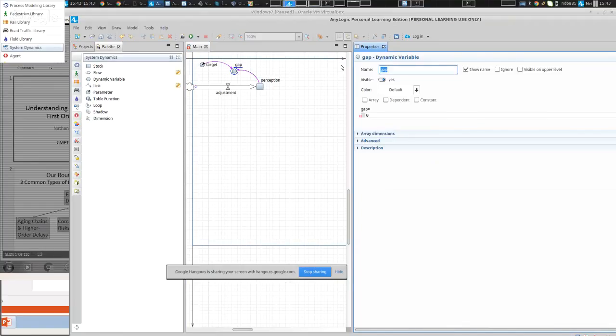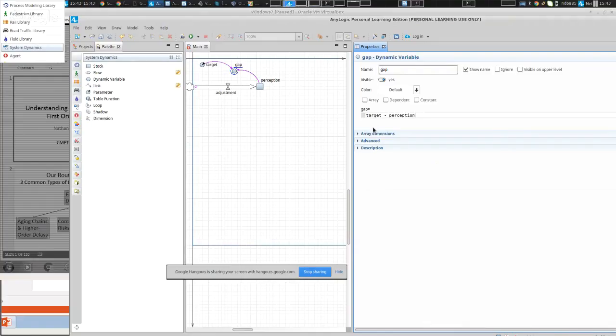It's how much bigger the target is than our perception of it, okay? Target minus perception is going to be the gap. Oh my gosh, I just changed its name rather than its value. Sorry. Here we go. This is the gap. There you are. The value of the gap is target minus perception.